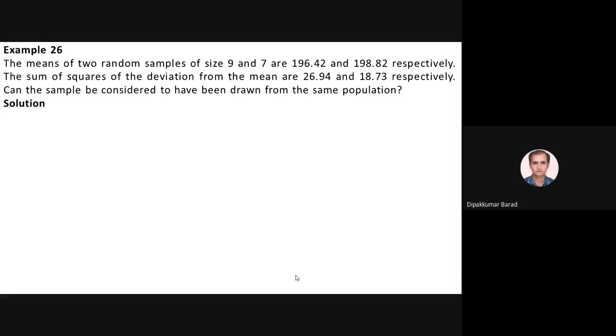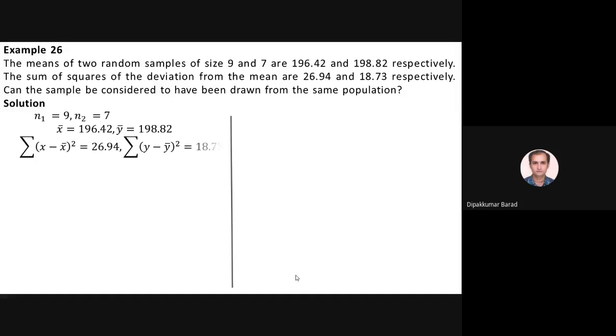So first of all, what is given? We have n1 and n2, 9 and 7, two different samples, with means x bar and y bar, 196.42 and 198.82. Then the sums of squares of deviations from the mean are 26.94 for the first sample and 18.2 for the second. First we calculate s.